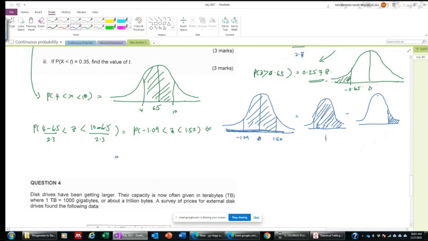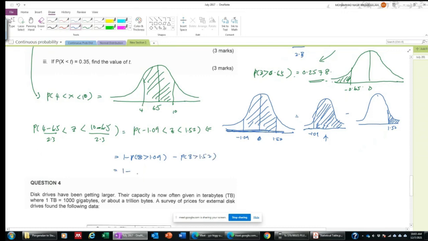We have 1 minus probability of Z more than 1.09, since this is negative 1.09, minus the probability of Z more than 1.52.